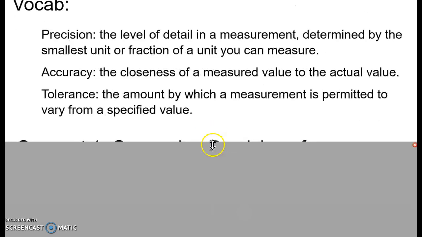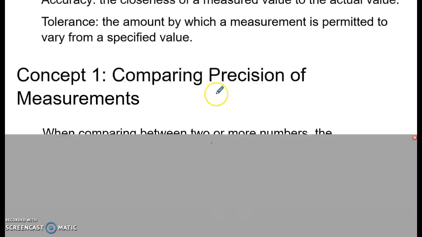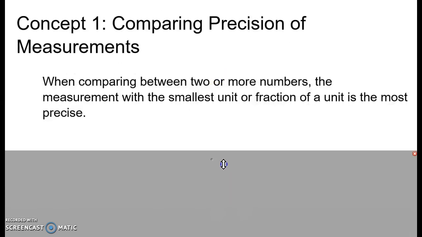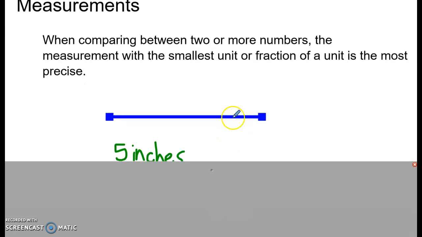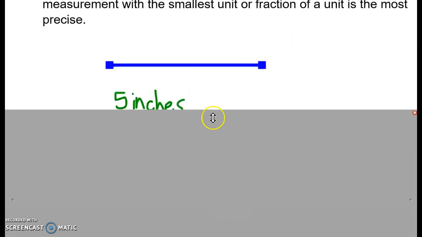Okay? All right. First concept, comparing precision of measurements. So when you are comparing 2 or more measurements, like I was saying, it's the smallest unit or fraction of a unit that's going to be the most precise.